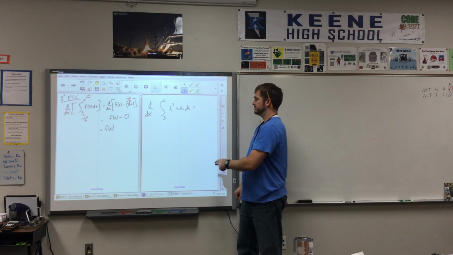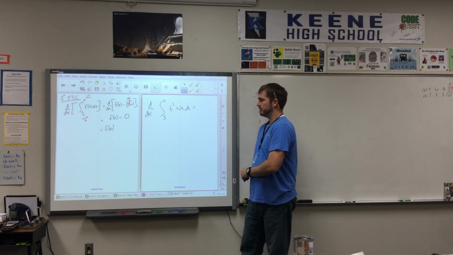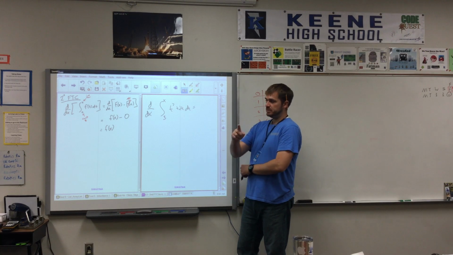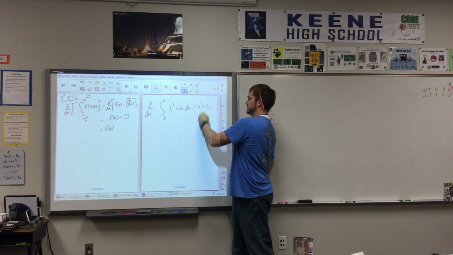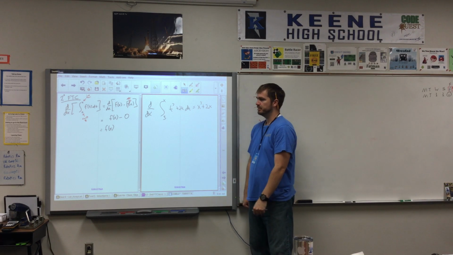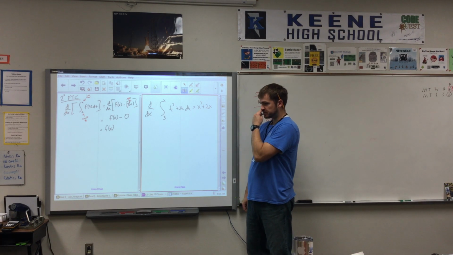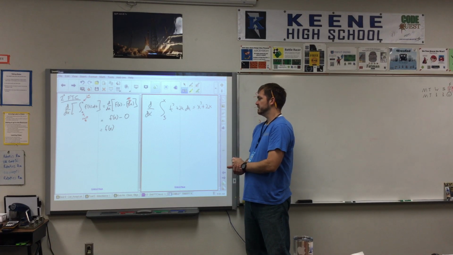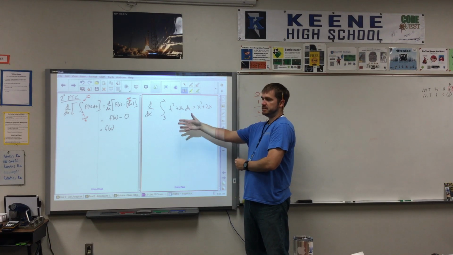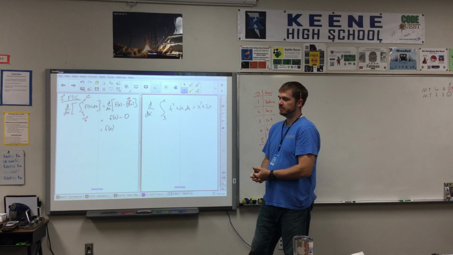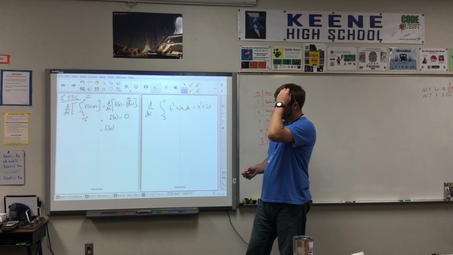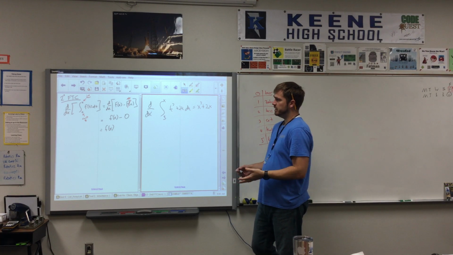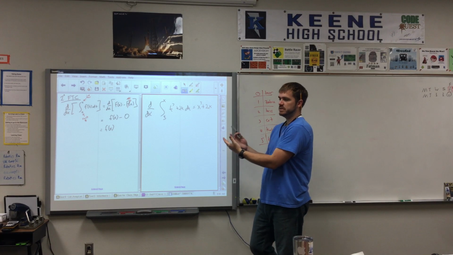Would it just be like t cubed plus 2t? Almost. It would be x cubed plus 2x. Like that's the application of this particular problem. Okay? That's pretty good for the second fundamental theorem, and in a lot of cases that's what you'll see.